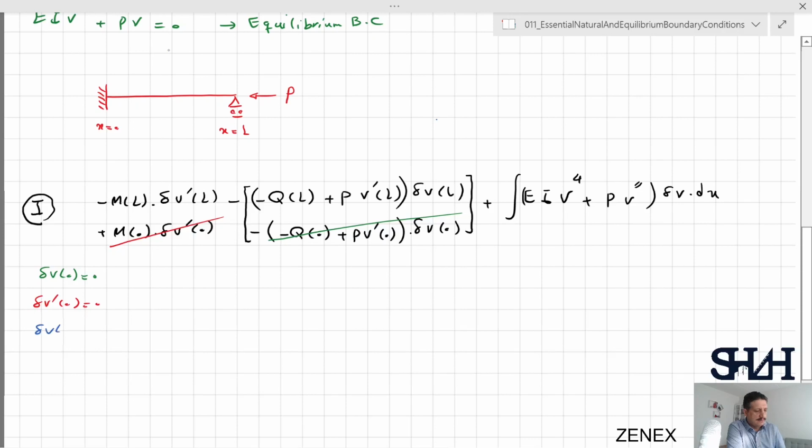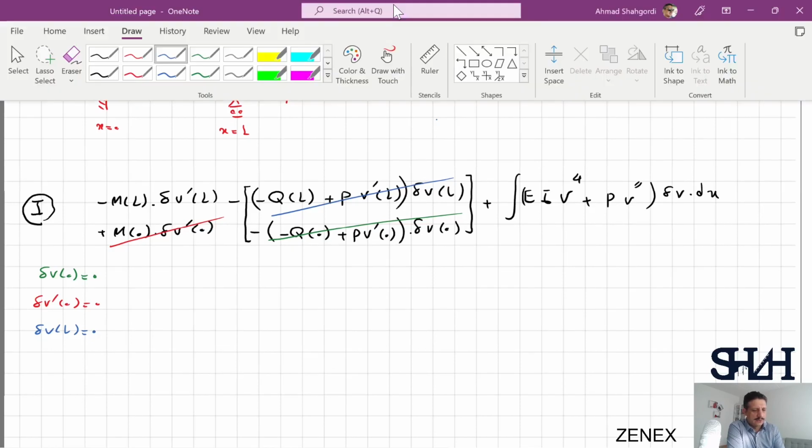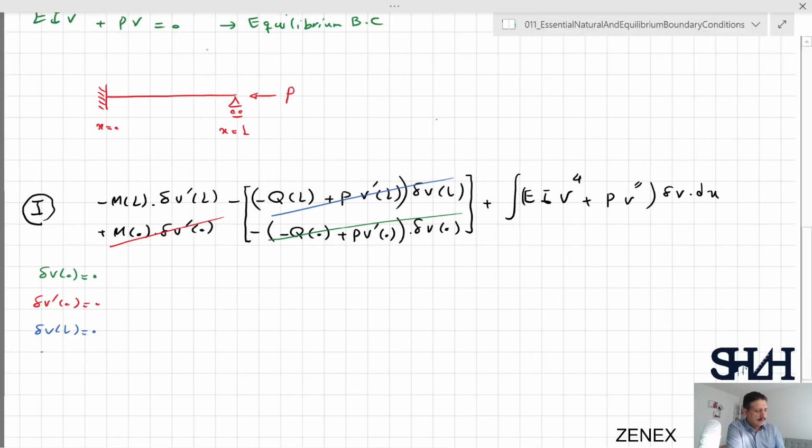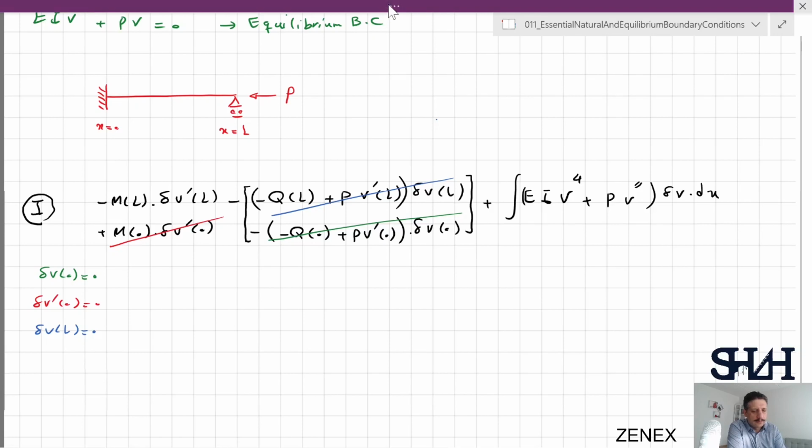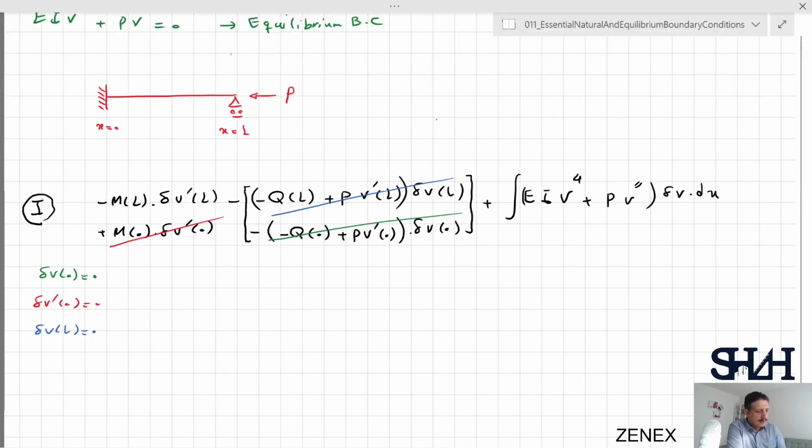Delta V at L is 0. So the remaining is, I can go with another color, delta V prime at L is not 0. As a result, M at L needs to be 0.